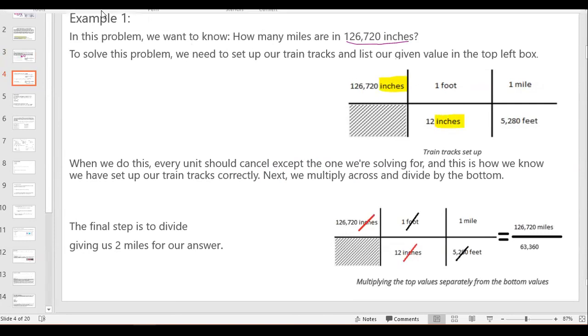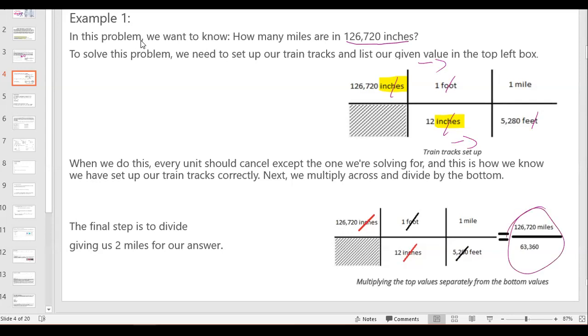So that will cancel the inches out. Then you're left over with 1 foot, because 1 foot is 12 inches, which cancels the feet with the next conversion, which is 1 mile equals 5,280 feet. And then you're just going to go ahead and multiply across and then divide at the end by the 2 numbers that you have on the bottom.